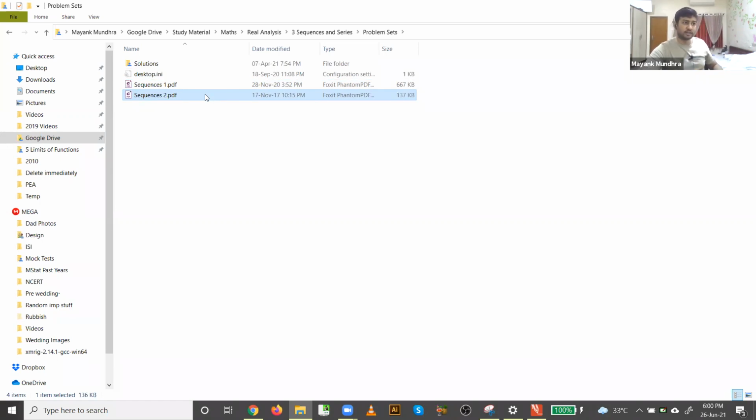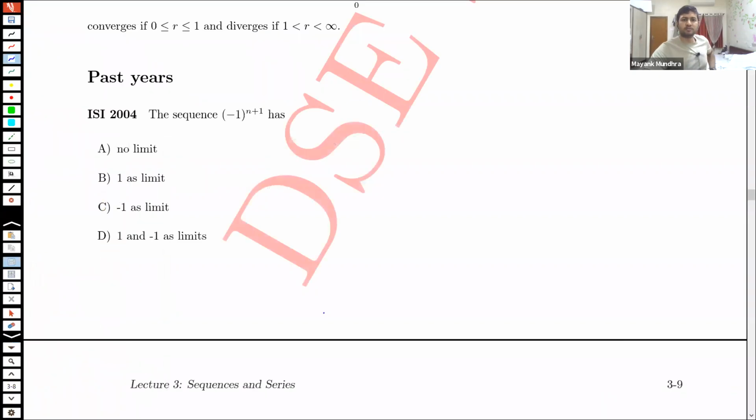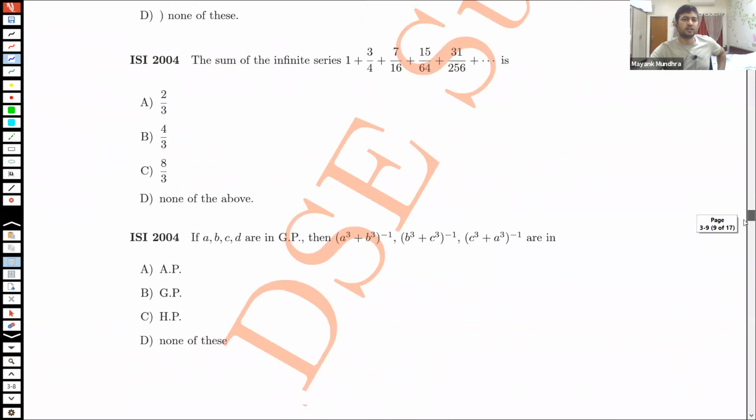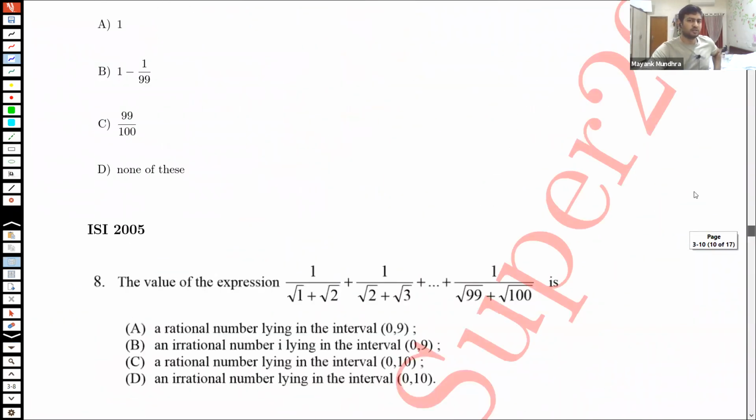Obviously, I have not solved everything, so everything is not available there. The things which are not available, or which you have doubts about after going through the solutions, those questions we'll discuss. And if time permits, we'll discuss sequences. Maybe somewhere around Wednesday or Thursday, I'll let you know. So do these problems, and if you're feeling comfortable, you can do the past years' papers also.